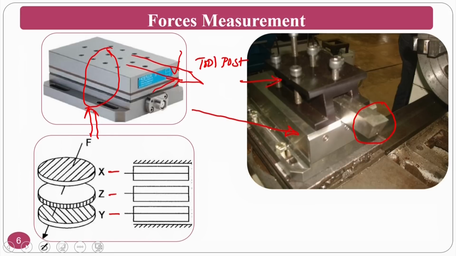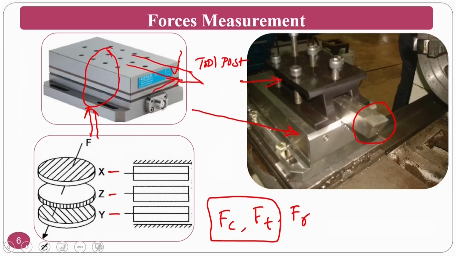So, if you are measuring these forces in three directions on the cutting tool, you are going to get the cutting force, thrust force and radial force. But normally we see only two forces. However, if you have three sensors, you can measure the three forces. Okay. This is about the machining process.